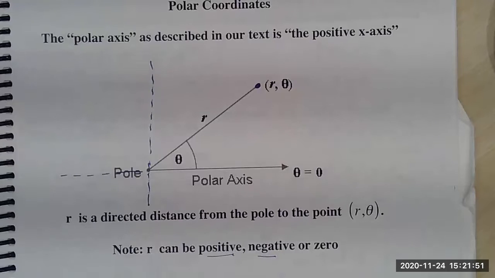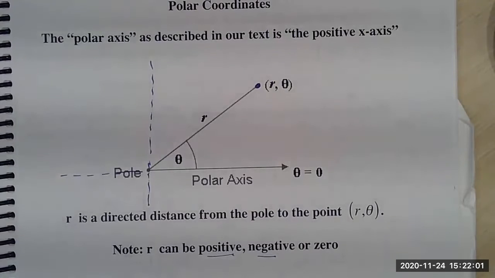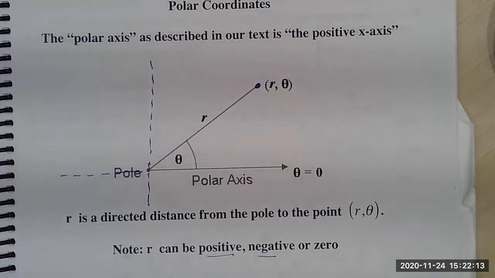So it's going to feel a little awkward if you've never done this before, that you could have a negative radius. All the negative radius does is throw your point across the pole 180 degrees, like a reflection with respect to the origin. You'll see it when I do it.